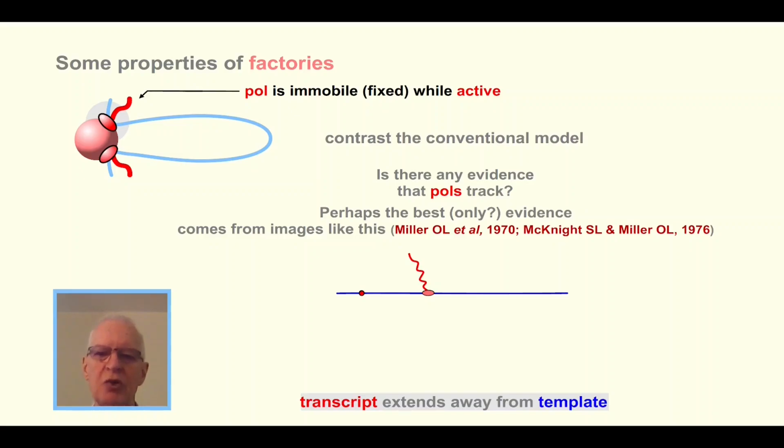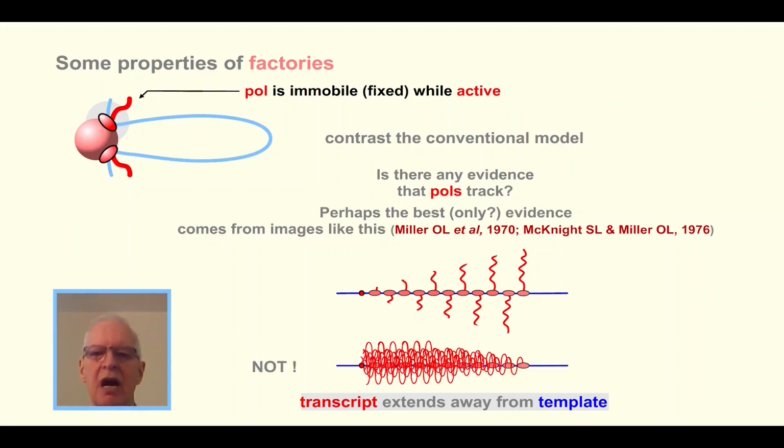But I want you to note that the transcript extends away from the template, and as you'll see in a moment, it is not entangled about the template. But this is what everybody recalls when they think of a Miller spread, the famous Christmas tree, where the branches extend away from the trunk and are not entangled about it.